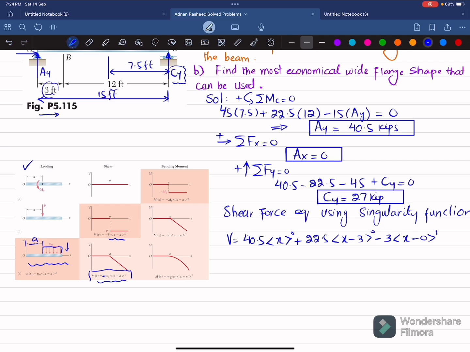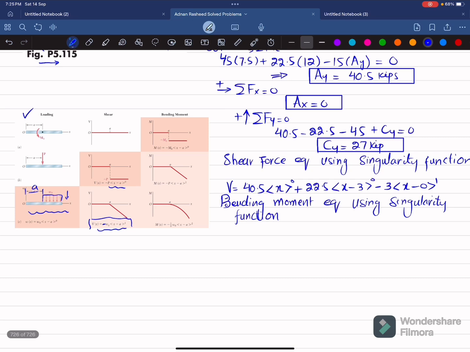Now we are going to find the bending moment equation using singularity function. Okay. So let me write it over here.